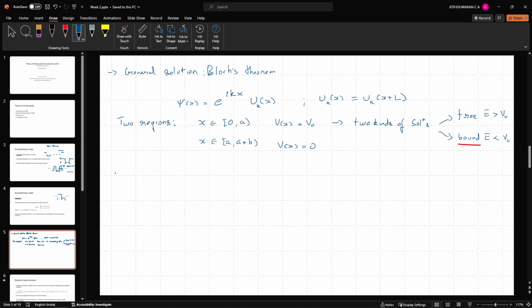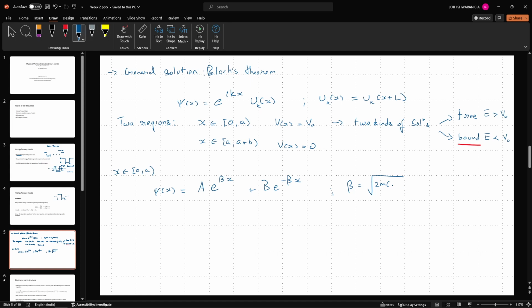So first, I am solving for x in 0 to A. Here the general solution psi of x, since we are talking about the bound state solution, will be represented as A e to the power beta x plus B e to the power minus beta x, where the quantity beta will be a real number because E is less than V. That is given by the square root of 2m, oh no, it should be V naught minus E, because the quantity under the square root should be positive.